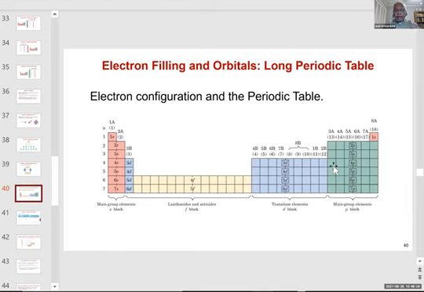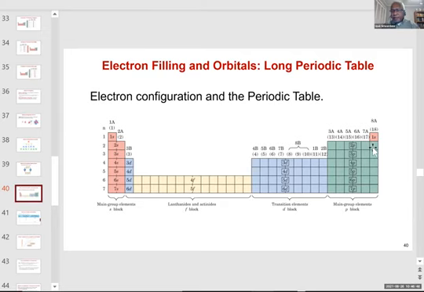In the alkali metals and alkaline earth metals, the s orbital is the one being filled first. The d orbitals in blue, there are 10 of them. There are 6 places where electrons go into p orbitals.